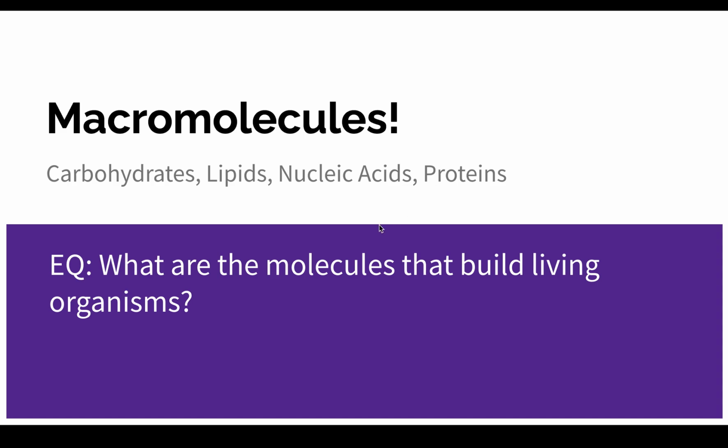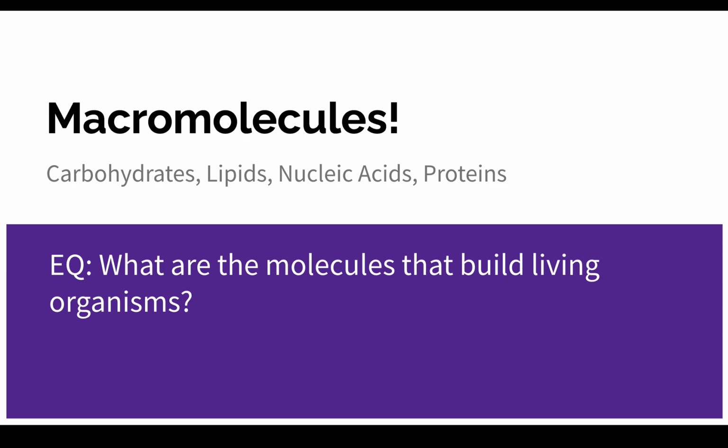So today's focus, our essential question, is going to be: what are the molecules that build living organisms? Okay, so we originally started out talking about what is living and what is non-living. We had those 8 characteristics of life that we discussed, and now that we have an idea of what makes something living, even though those 8 characteristics aren't always perfect, we have a good idea that if you match most of those, you're going to be a living thing.